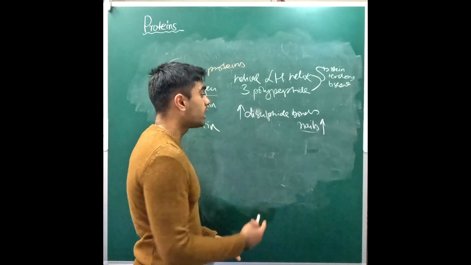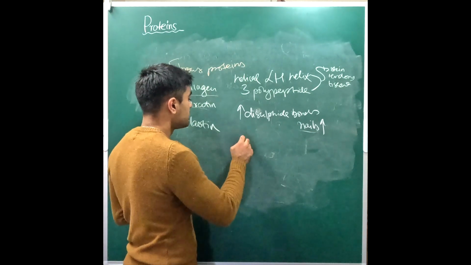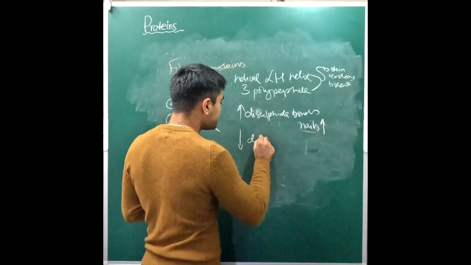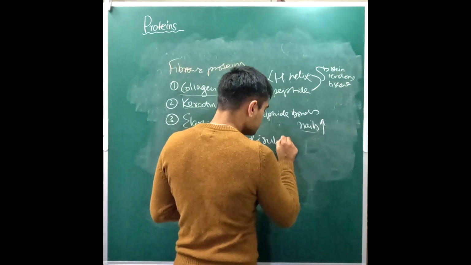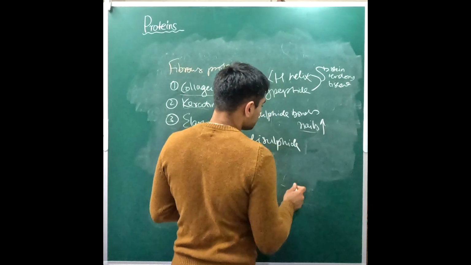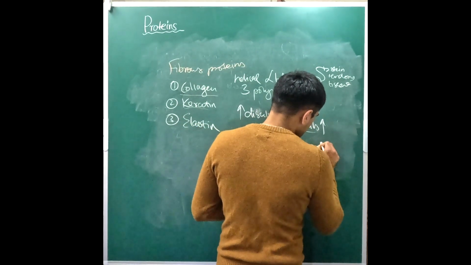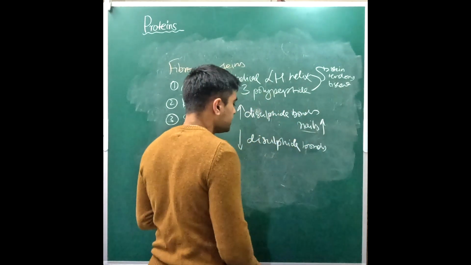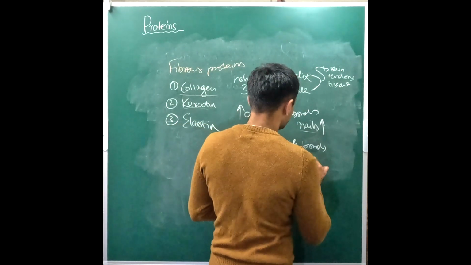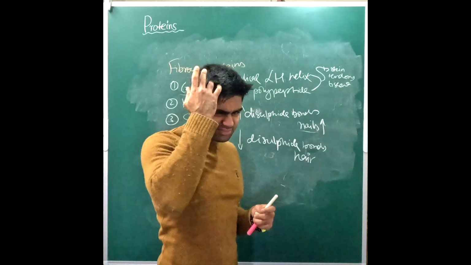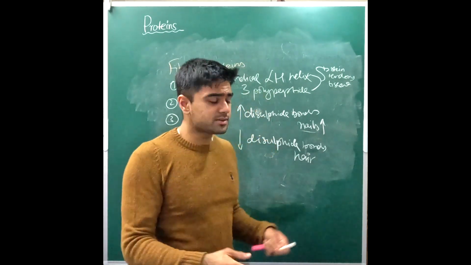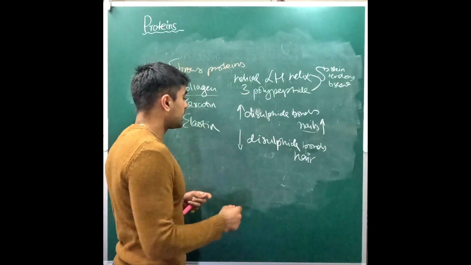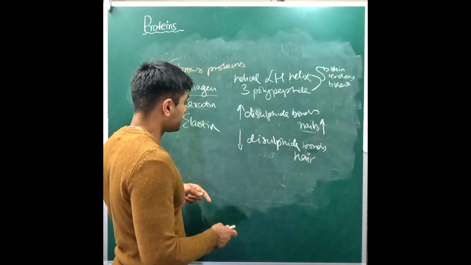That's why nails are quite hard, because they've got a lot of disulfide bonds. Whereas when you've got low disulfide bonds, you've got higher flexibility, and stuff like hair is formed, which is malleable. It's quite flexible, right? So that's what keratin is all about.